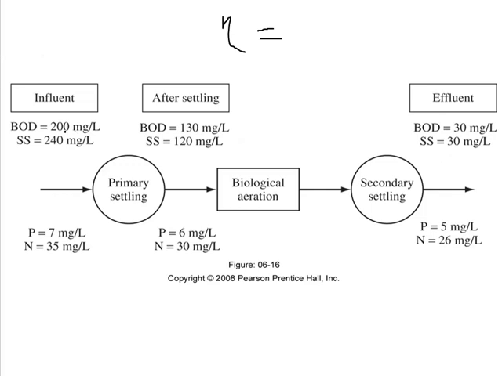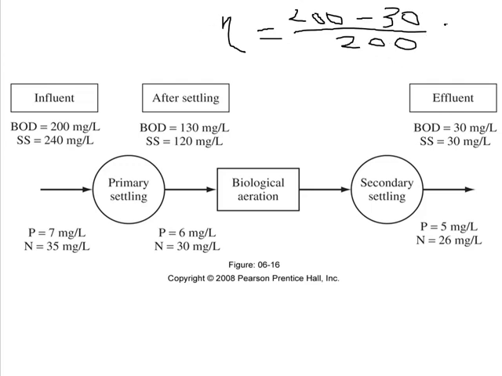So the initial BOD is 200, so I will put 200 here, right? So this 200 minus the final value, 30, divided by the initial value, again 200. In this way you can find out how much is the removal efficiency.